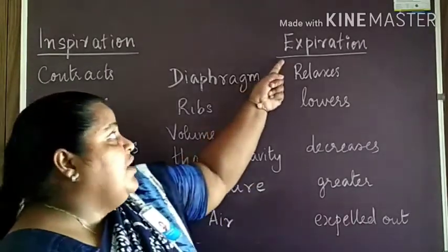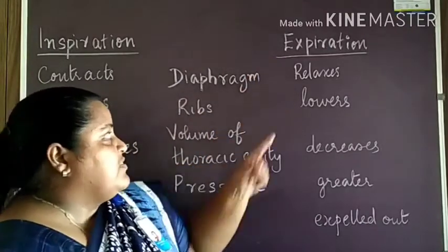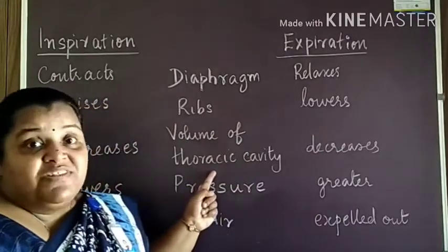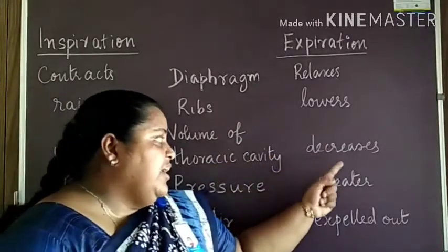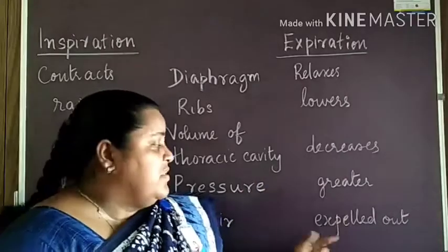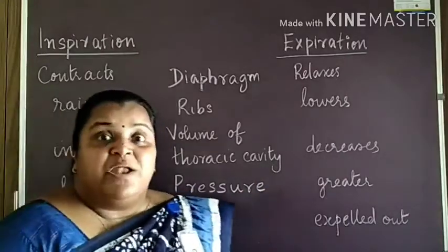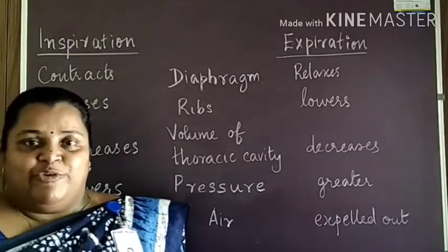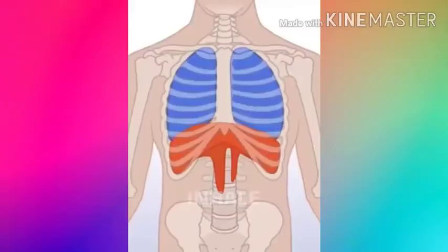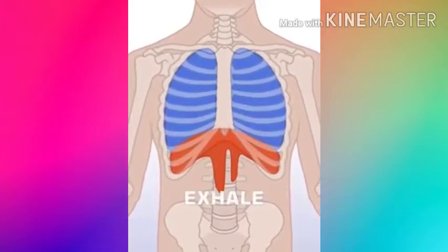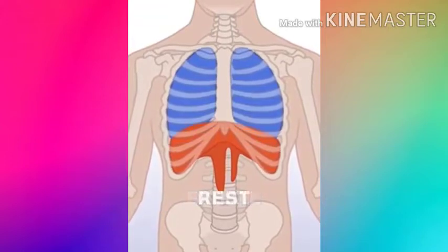During expiration, the diaphragm relaxes, the ribs lower, the volume inside the thoracic cavity decreases and the pressure increases, and the air is expelled out of the lungs. I hope it is clear for you. Observe the changes in the thoracic cavity during the process of breathing.